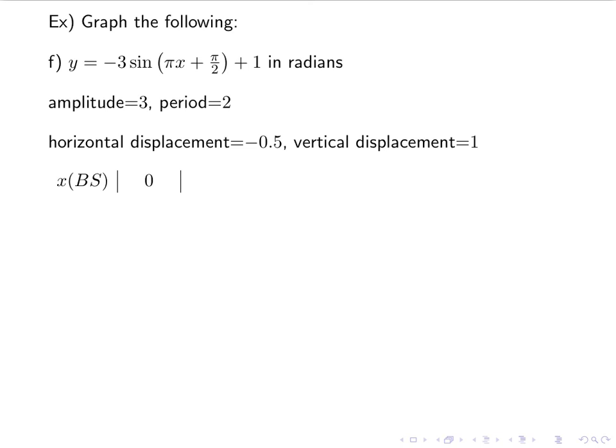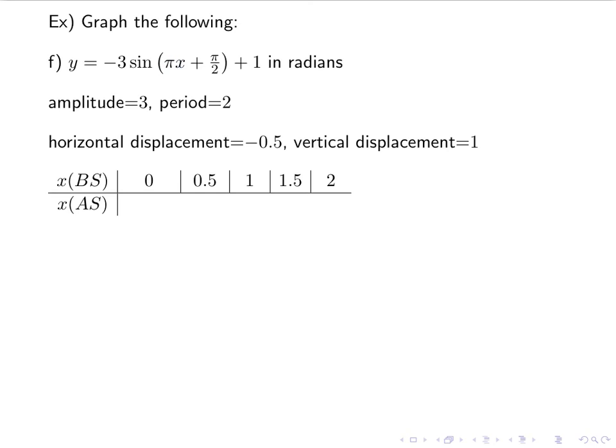So our before shift value is 0, and then 1/4 of my period, so 2 divided by 4 is 1/2, and then 1, 1.5, and then 2. Notice there's no pi's here because of the fact that B had a pi in it. So the pi's ended up canceling, and these are just going to be non-pi values, nice rational or decimal values.